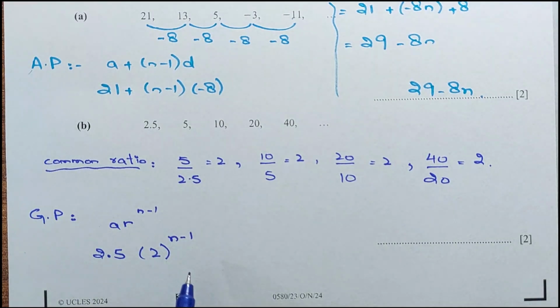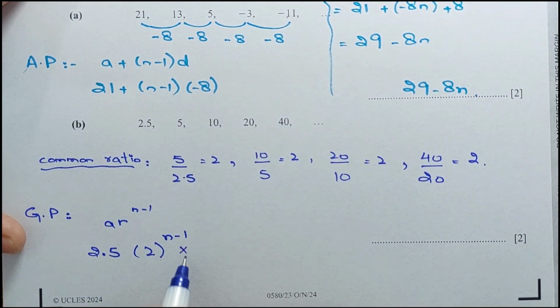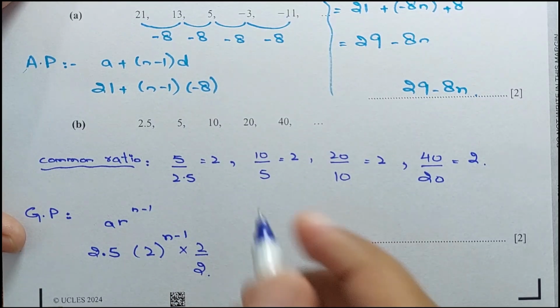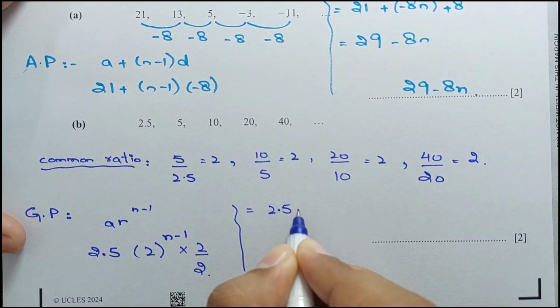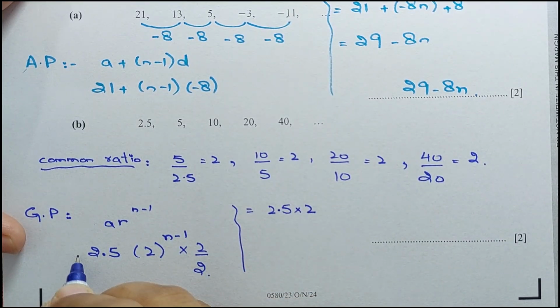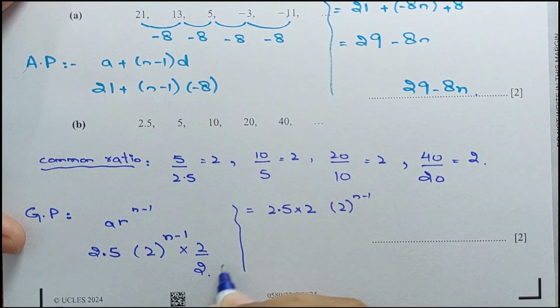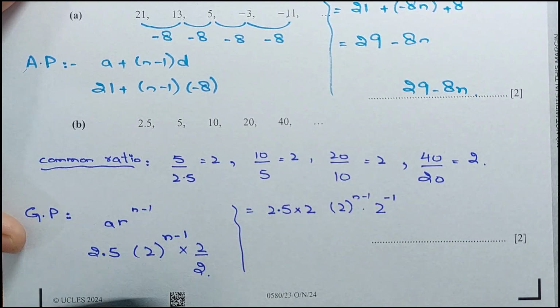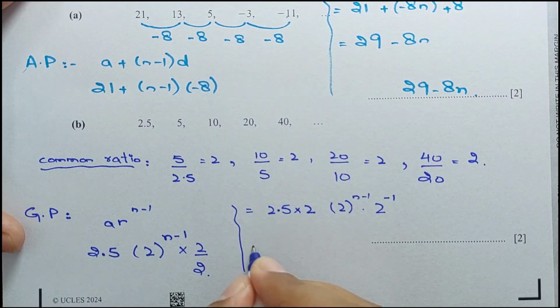Then how can we get the matched answer? In order to get rid of this decimal number, we have to multiply and divide by 2. So it is 2.5 multiplied by 2, multiplied with 2 to the power n minus 1, and this 2 to the power minus 1. 2.5 times 2 is 5.